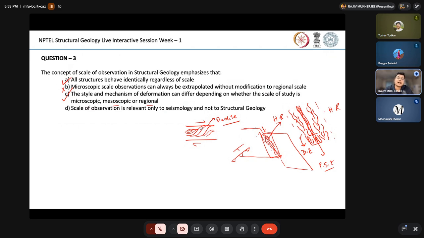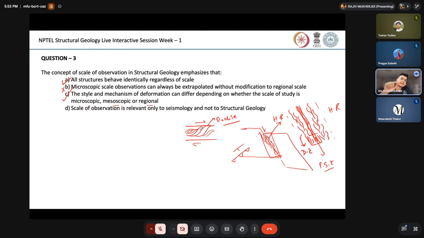That means regardless of the scale of observation, whether microscopic, mesoscopic or regional, if there is a regional fold, the region entirely suffered ductile deformation. And if you try to replicate the same thing in a microscopic scale, even in that scale, you have to produce some sort of ductility or viscous deformation, otherwise you will not be able to produce the fold.